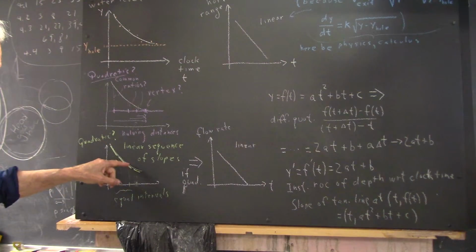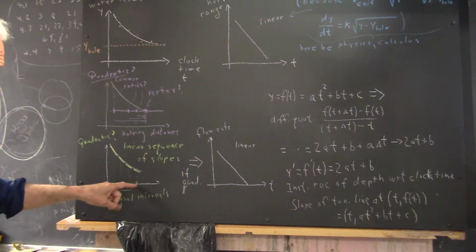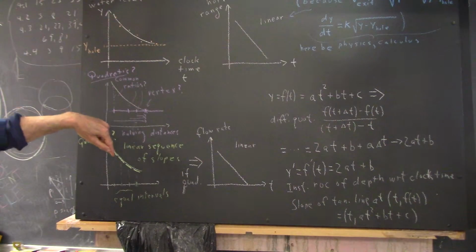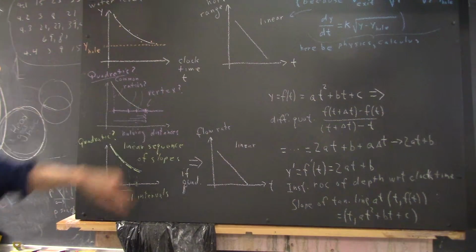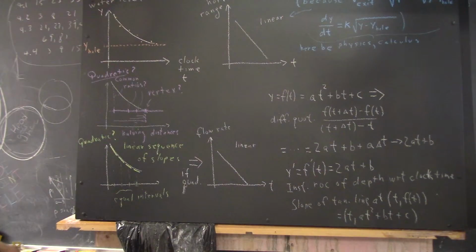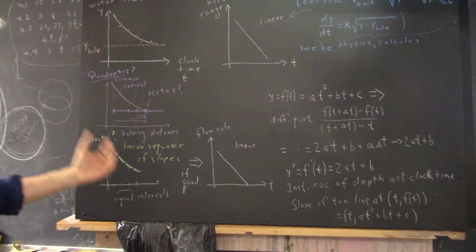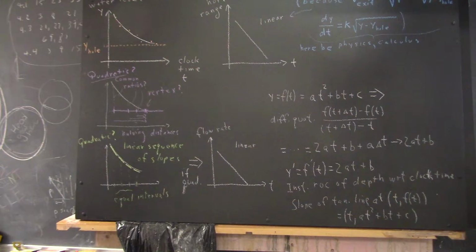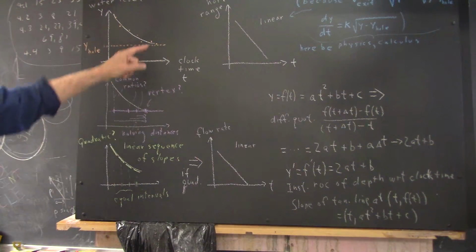At this point, graph point, tangent line at that point. Here, tangent line at that corresponding point. If these are equal intervals again, the slopes that you get form a linear sequence, meaning that each one differs from the one before it by the same amount. To the extent that that's true, the graph is quadratic, and you don't even have to know where the vertex is.